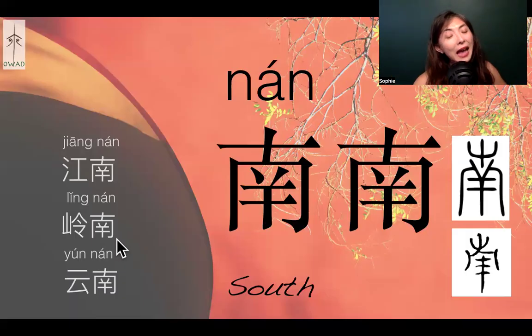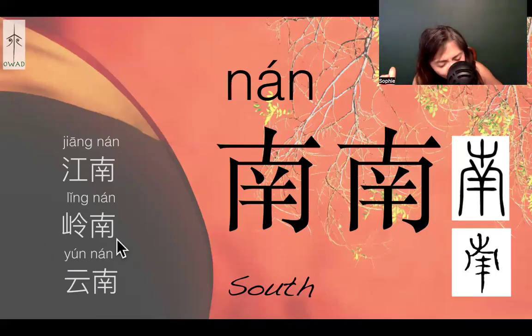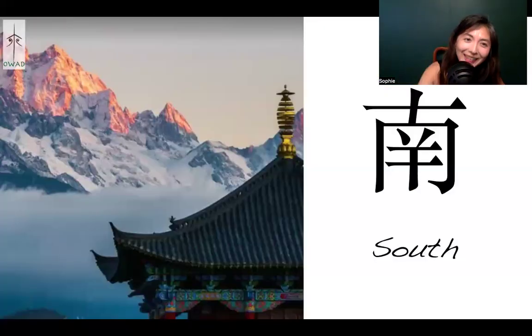Here, Yunnan, the cloud south. I would imagine that's a very humid place shrouded in cloud all the time. And so if you look at those clouds, south of those clouds, that would be the location for Yunnan, which is a beautiful place that looks like this.